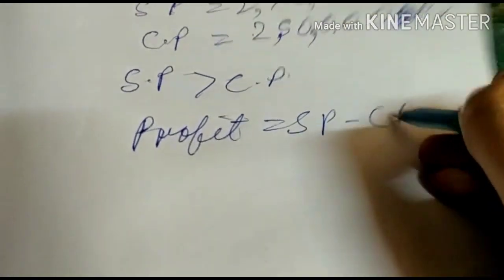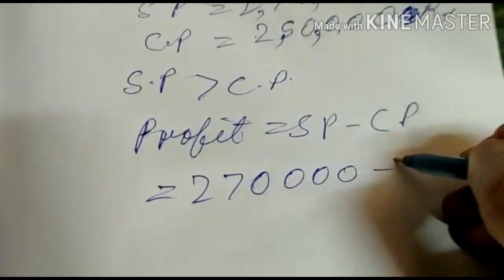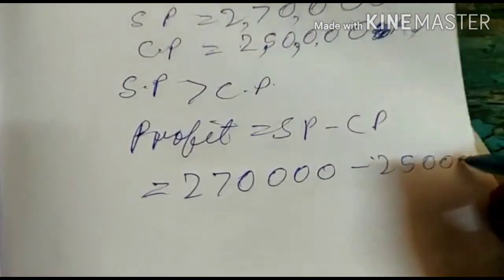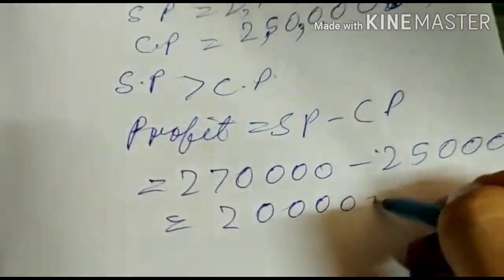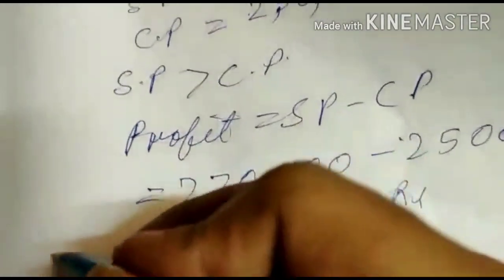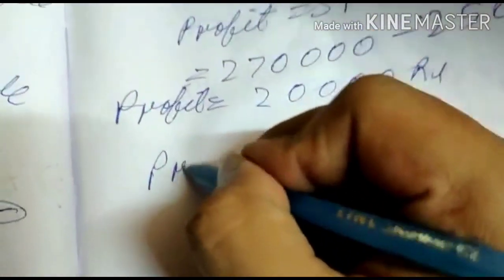Okay, so his profit was 270 minus 250, so it is 20,000 rupees. This is his profit, and we have to find its profit percent.